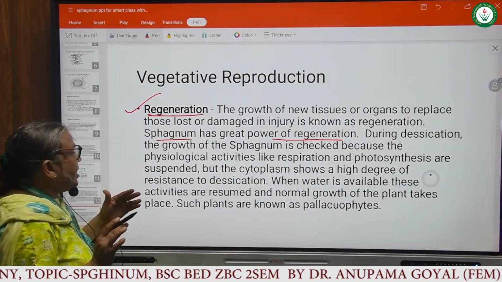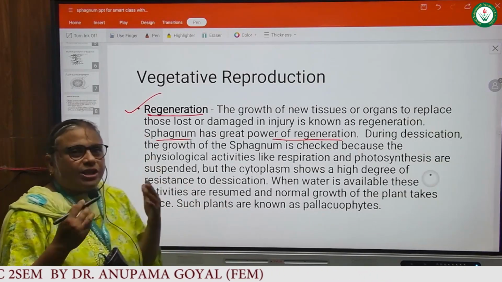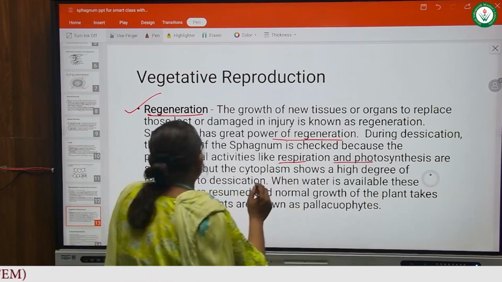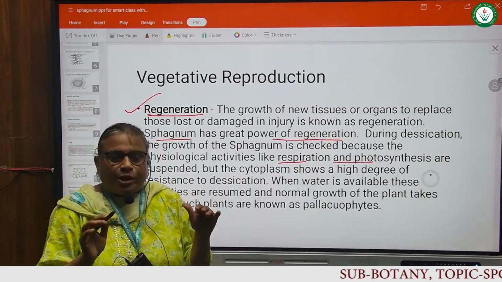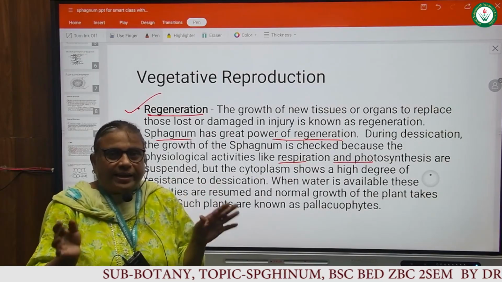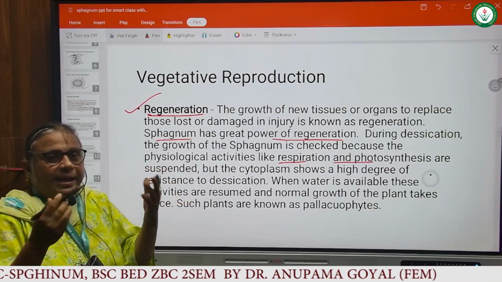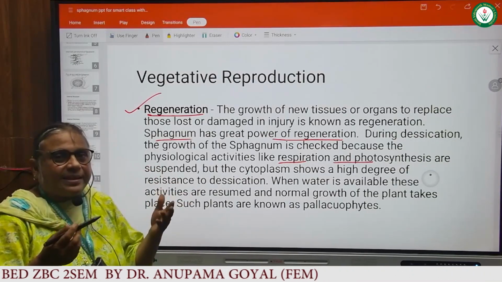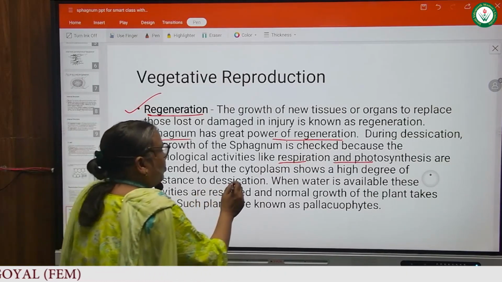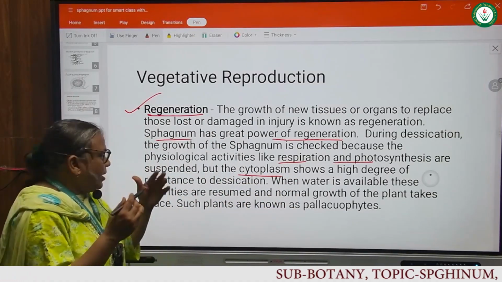During desiccation, the growth of Sphagnum is checked because the physiological activities like respiration and photosynthesis are suspended. What I mean to say is, when the conditions are not favorable, or when desiccation is there, then physiological activities like respiration and photosynthesis are not carried out by Sphagnum, but the cytoplasm shows a high degree of resistance to desiccation.